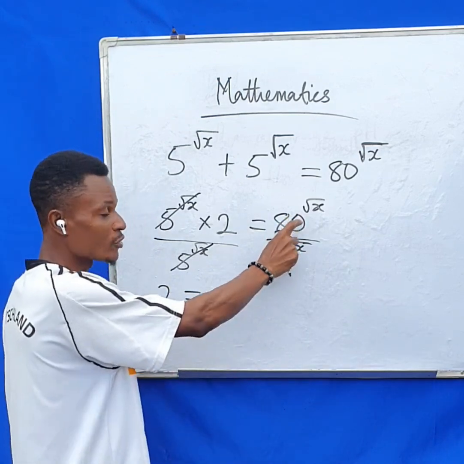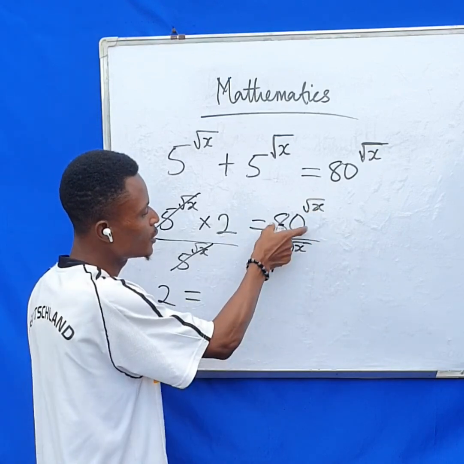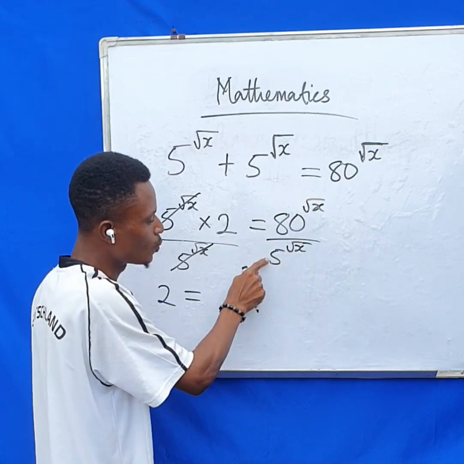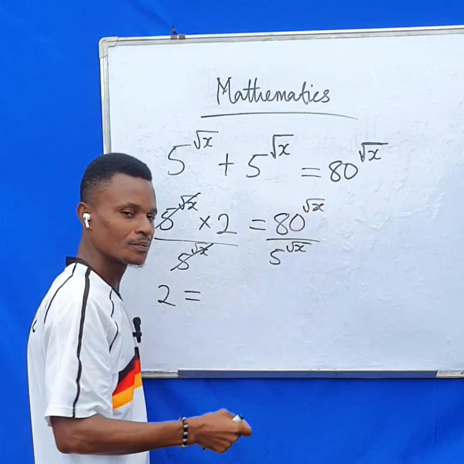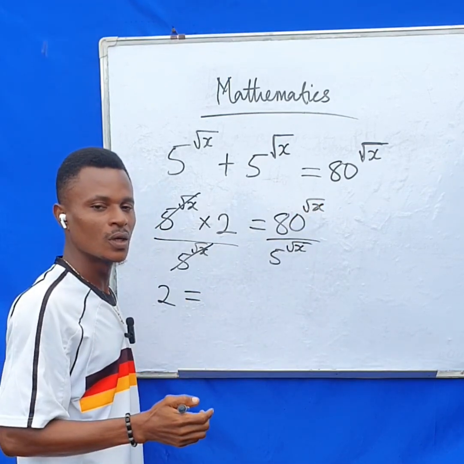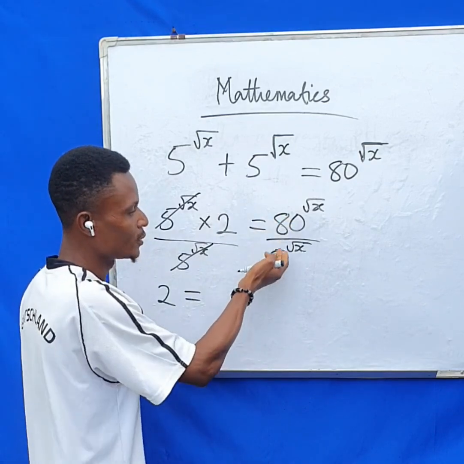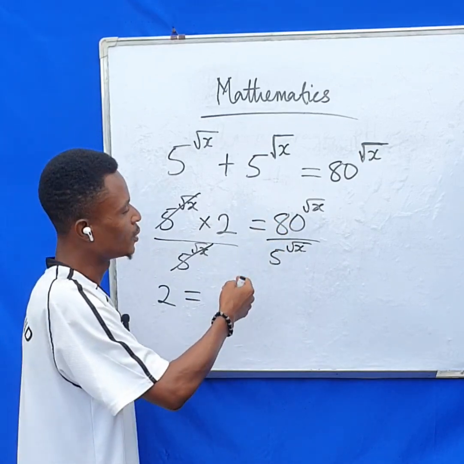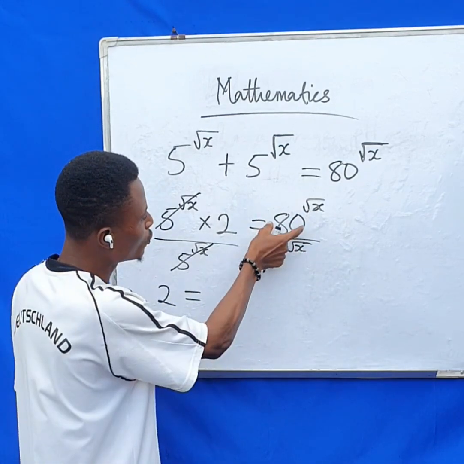If you look at this right hand side, you notice that the powers are the same. We have 80 raised to the power of square root of x, and here we have 5 raised to the power of square root of x. Both powers are the same. According to a law in indices, anytime you want to divide numbers whose powers are the same, it's the same thing as combining them.